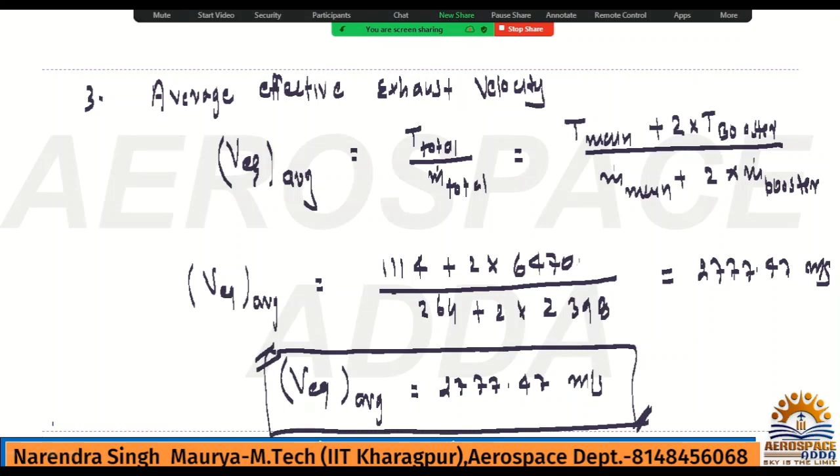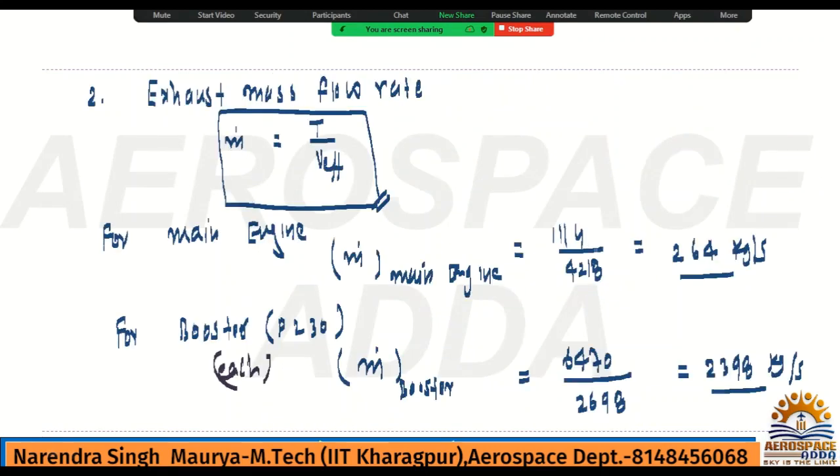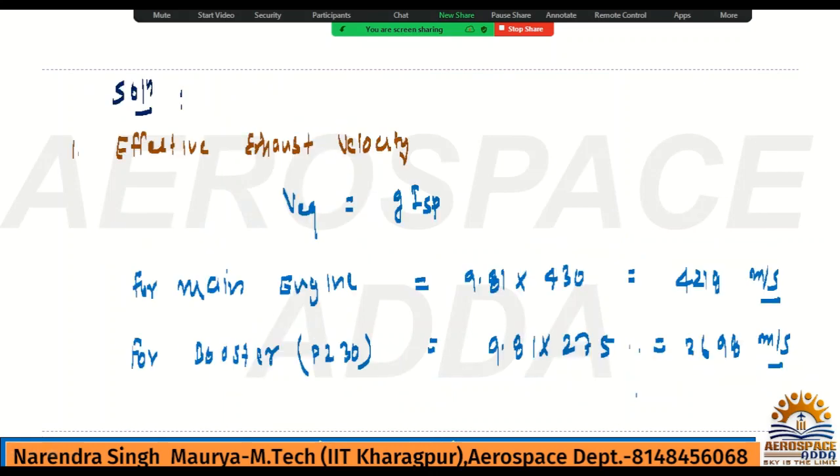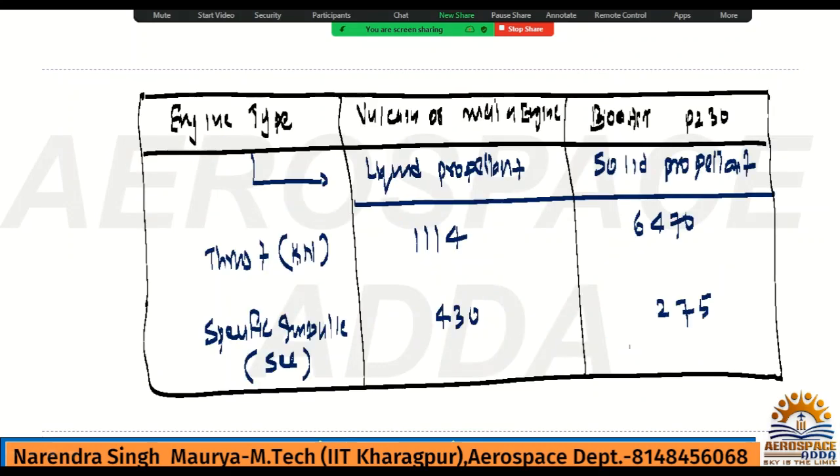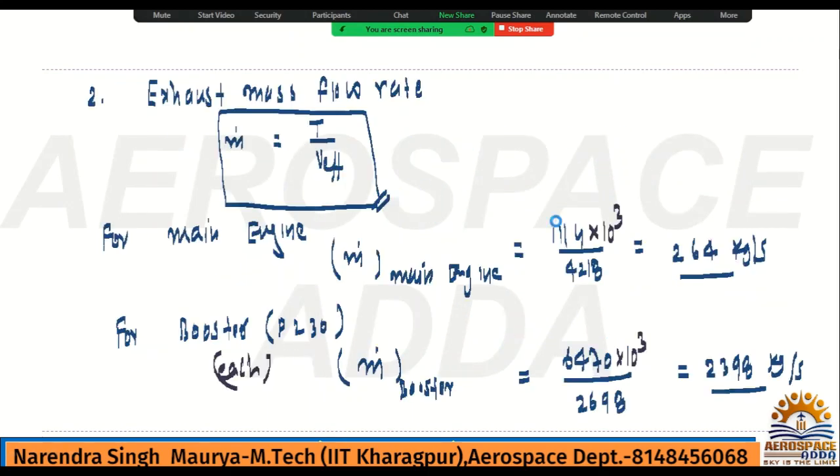If you say I will take this and write 10 to the power 3, there should not be any confusion, because clearly in the thrust formula they have mentioned this is also 10 to the power 3. Because kilonewton they have given, there should not be any confusion. In my calculator I am multiplying by 1000, and here also, it is given in kilonewton.